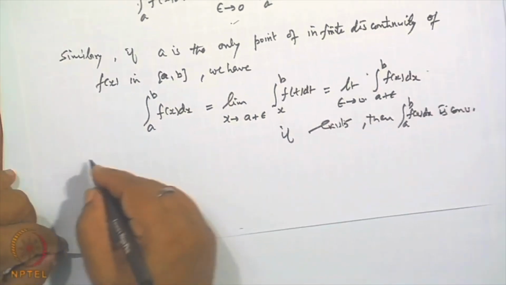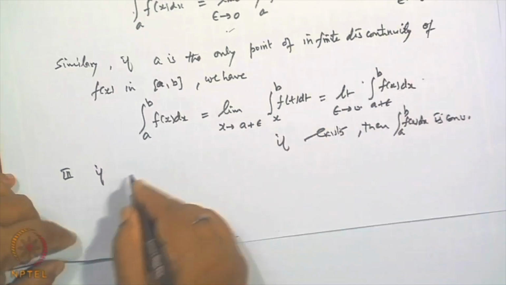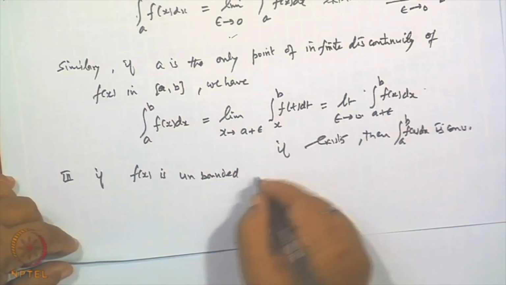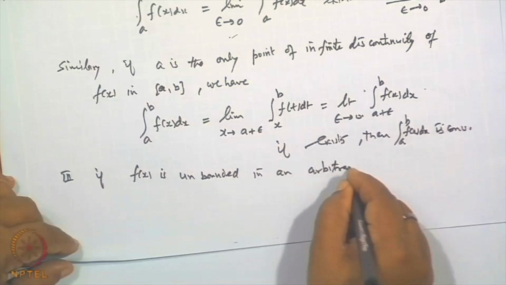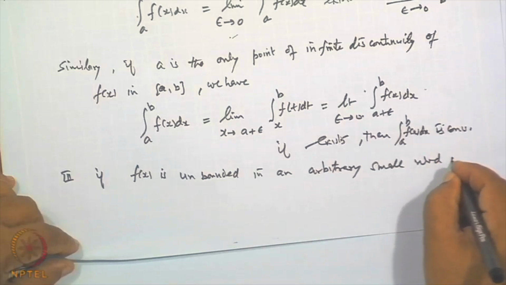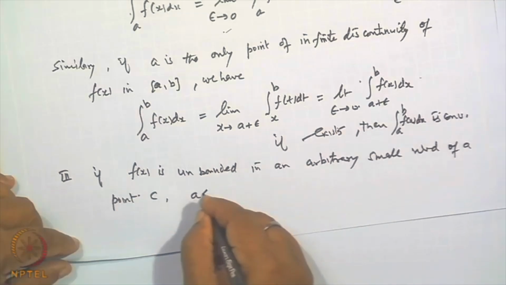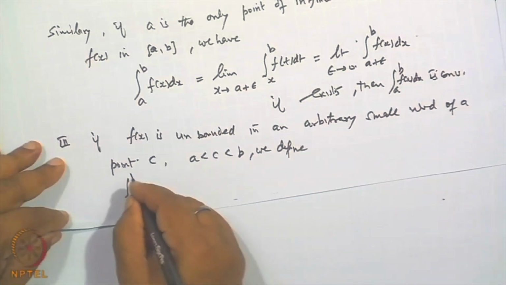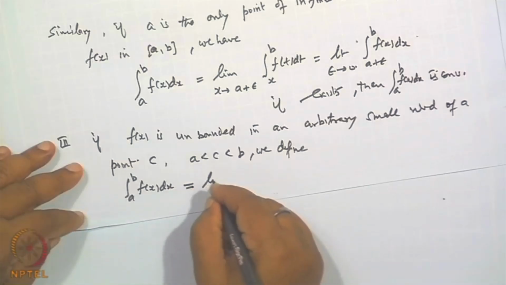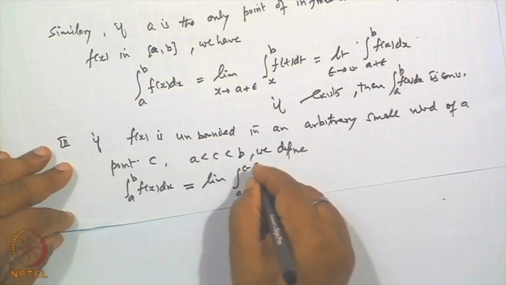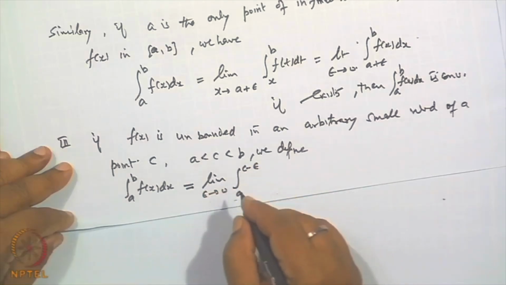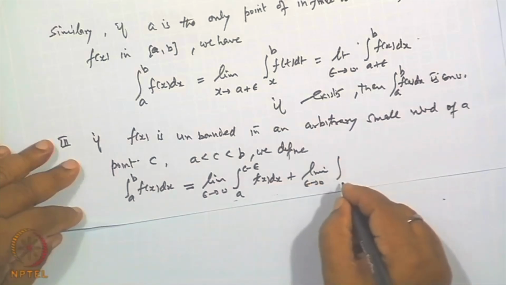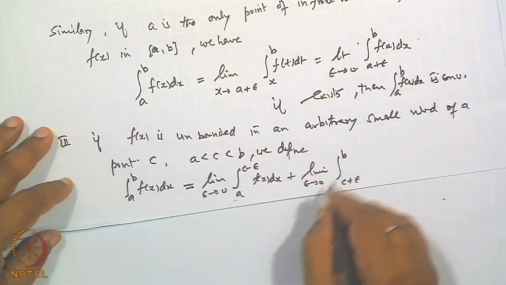The third case: if the function f(x) is unbounded in an arbitrary small neighborhood of the point c, which lies in between a and b, then we define the improper integral of the second kind from a to b of f(x) dx as the sum of two integrals: the limit as epsilon tends to 0 of the integral from a to c minus epsilon of f(x) dx, plus the limit as epsilon dash tends to 0 of the integral from c plus epsilon dash to b of f(x) dx.